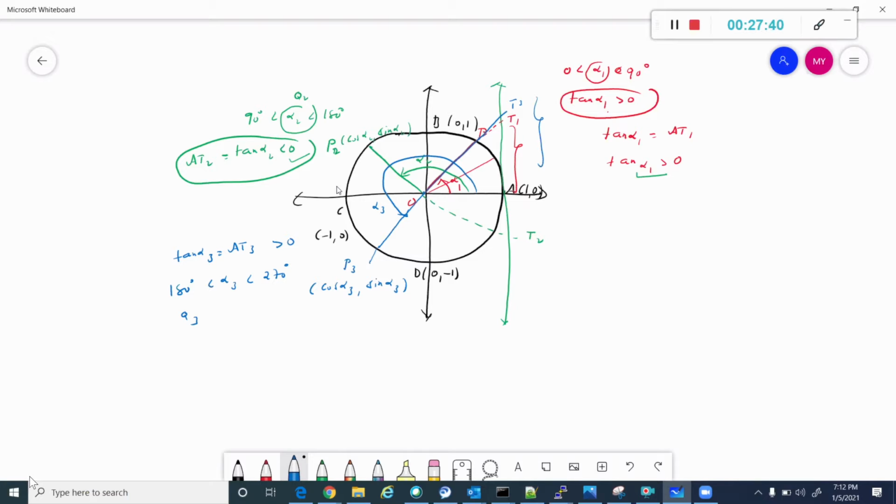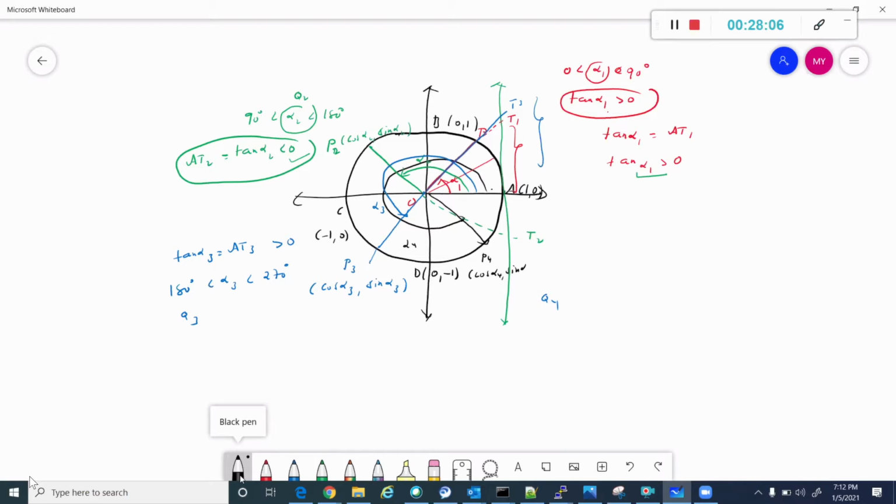Now, finally, we are in Q4. Okay, so I have rotated, so this is alpha 4, right? So, this is P4, which is cos alpha 4, sin alpha 4.